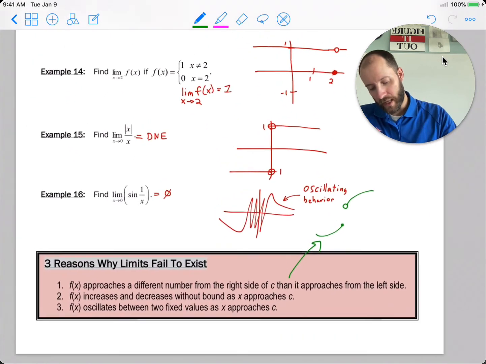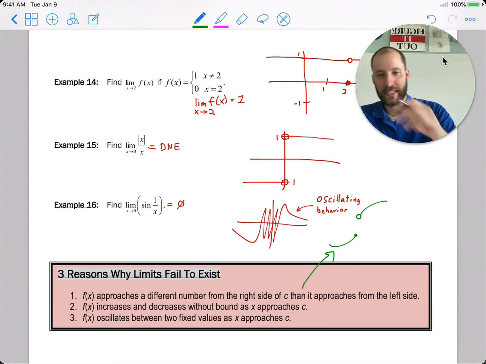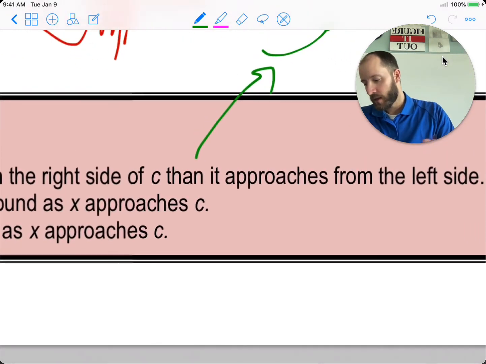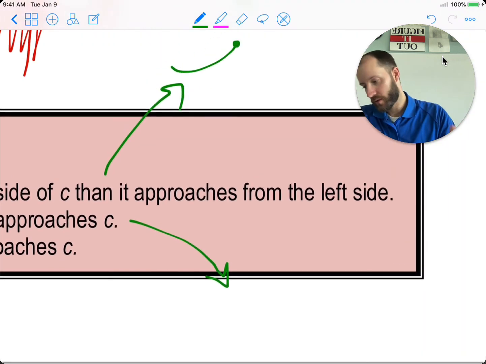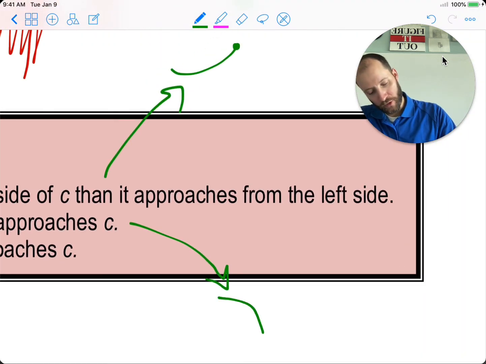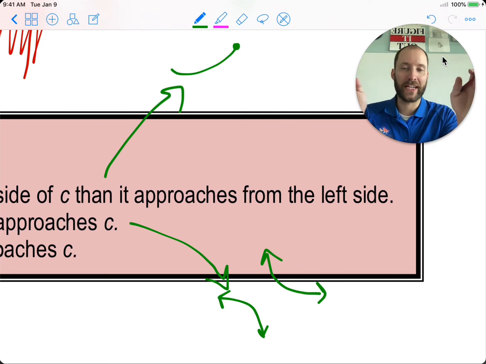Reason 2, f of x increases or decreases without bound as x approaches c. So that is something like your parent rational function. We have those 2 branches, one's going down, one's going up, as you approach some x value c.